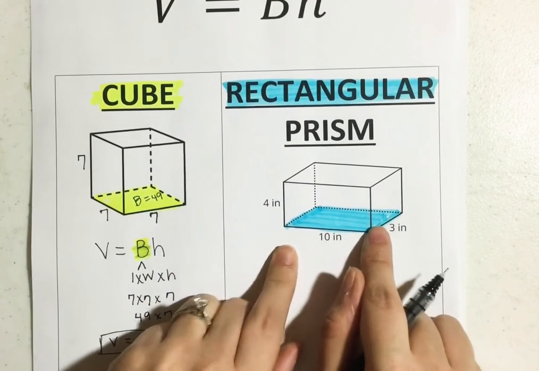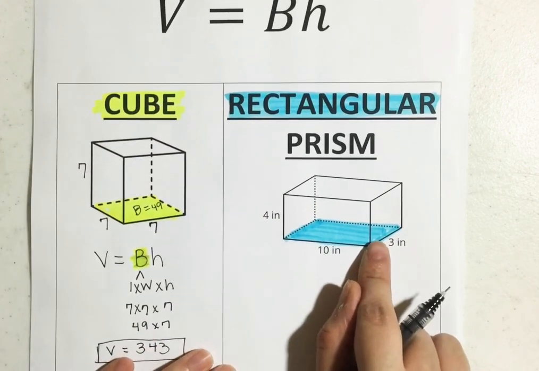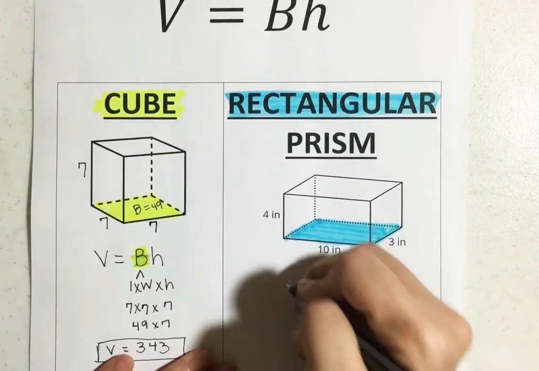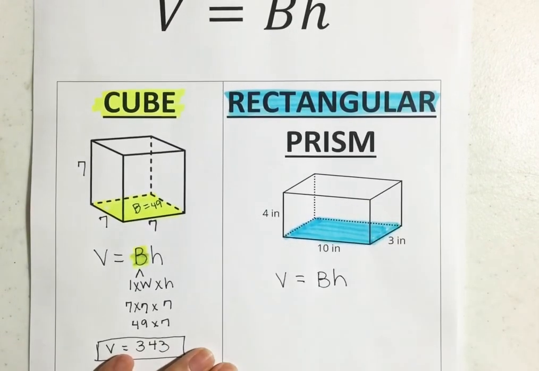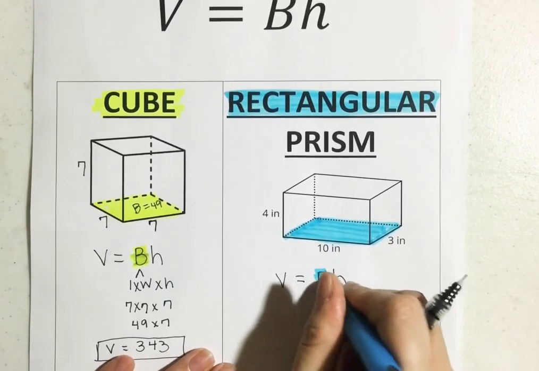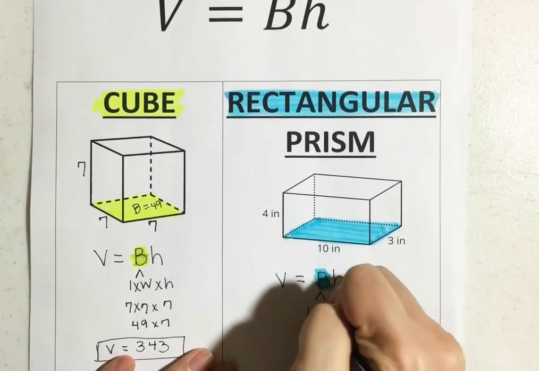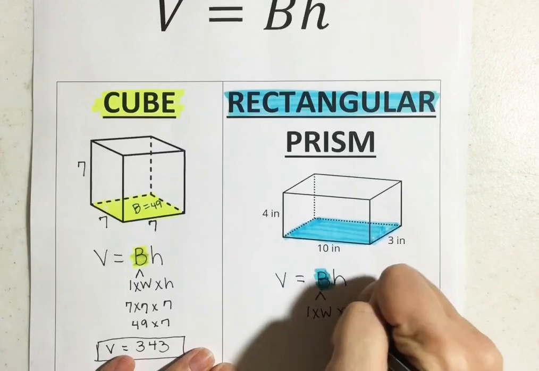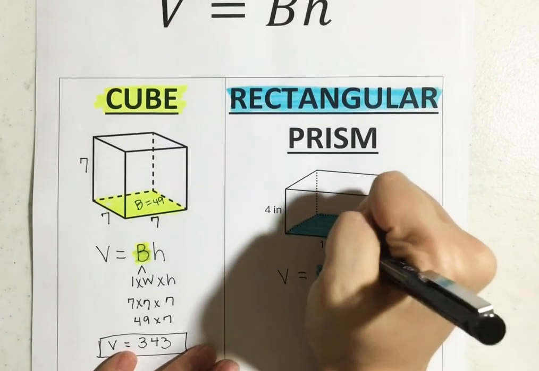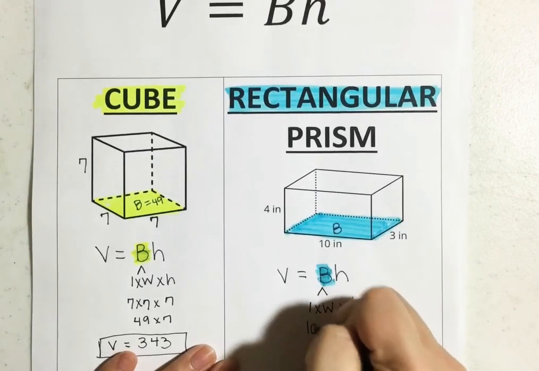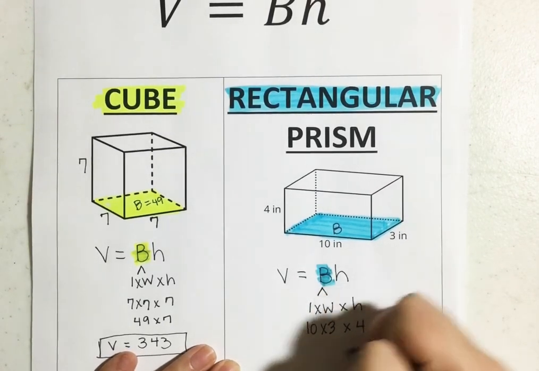Now the rectangular prism is very similar as well, just that on the rectangular prism, your base is a rectangle, but we're going to use the same formula, volume equals area of the base times the height. Now, if you want to get the area of the base, if it's a rectangle, you're going to rewrite it as length times width times the height. Okay? Now, length times width for your rectangle, it's going to be 10 times 3 times the height, which is 4.